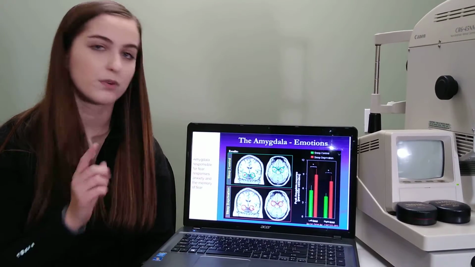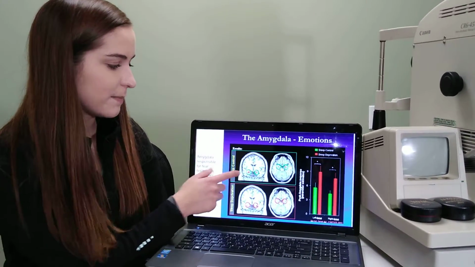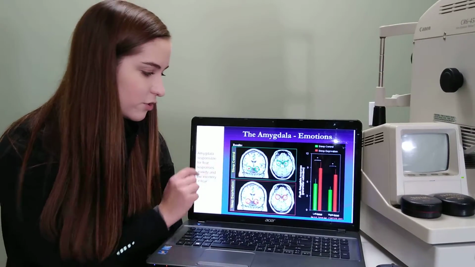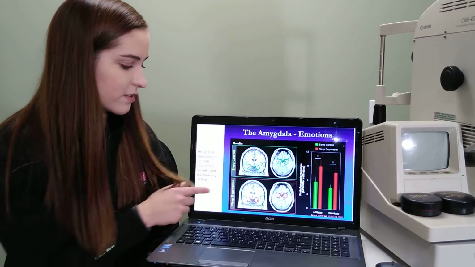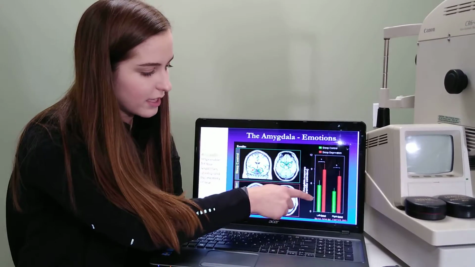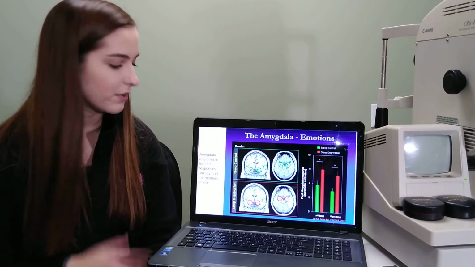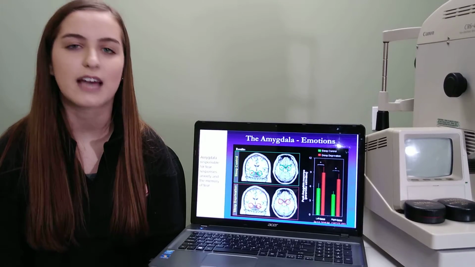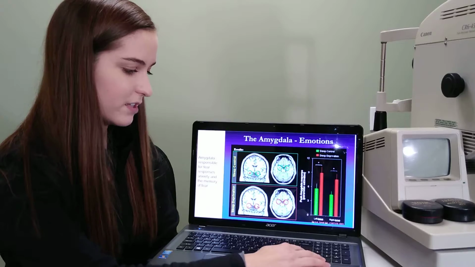So after they did this for just one night, they had them go in an MRI, and they found that in the sleep control group, their peak amygdala response was pretty controlled, as you can see in the circles. It's not highlighted like a lot. But then they found in the sleep deprivation group, their peak amygdala response was way higher than in the control group. So the effects of this basically is that throughout the day, the sleep deprivation group is going to be making decisions based on fear and anxiety just because they can't really keep their emotions in check just because they've been sleep deprived.